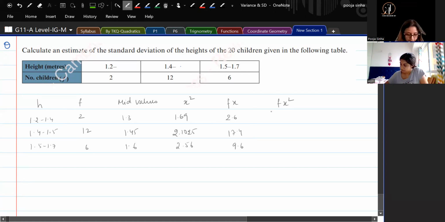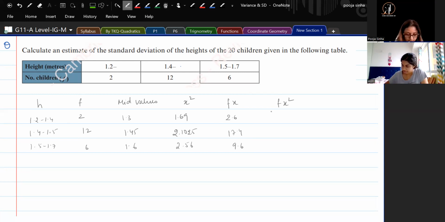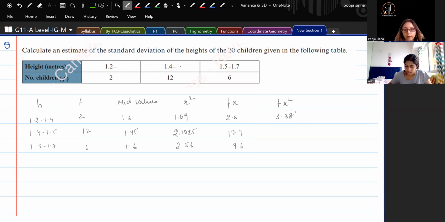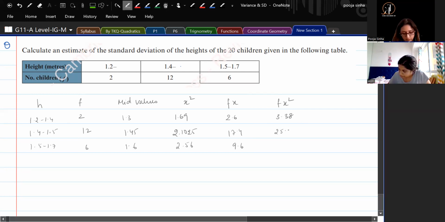Then fx square. Yeah, just give me a moment, I'll make that new column again. X square, right? So in this case, it will be 1.69 into 2, which is 3.38. Then second one, which is 1.45 into 2.1025, which will be 3.048625. Then इससे multiply किया? x square. नहीं.